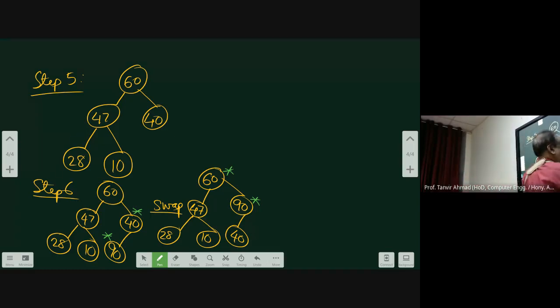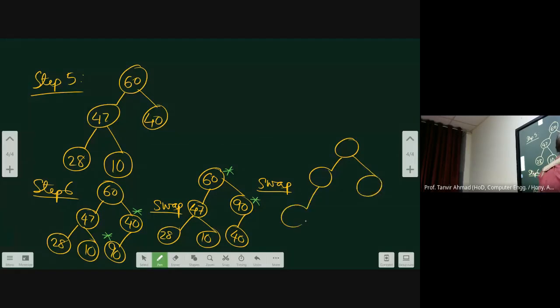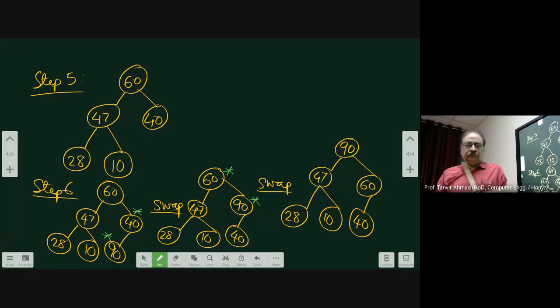Therefore what I am going to do, I am going to again perform a swap. And after swapping, you find that now this is a perfect heap tree. And this is now a heap tree.